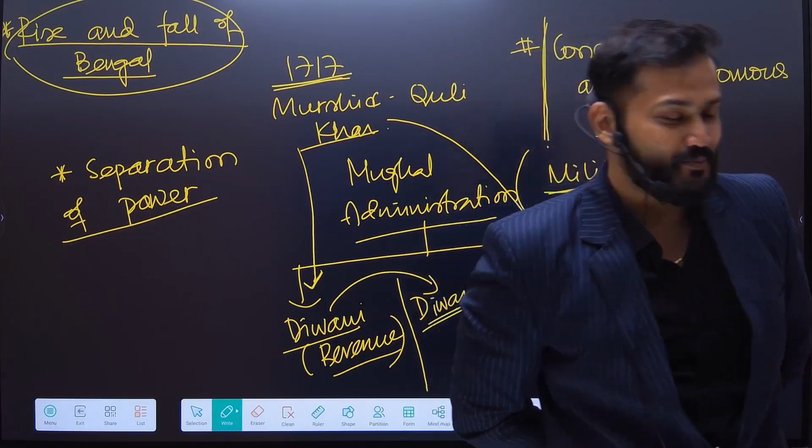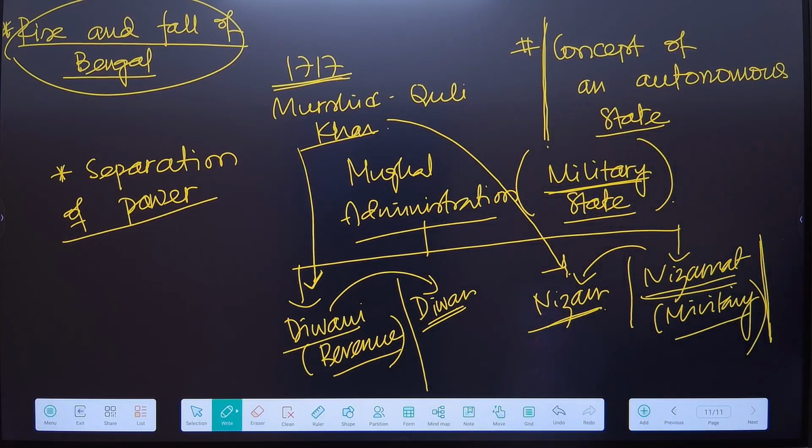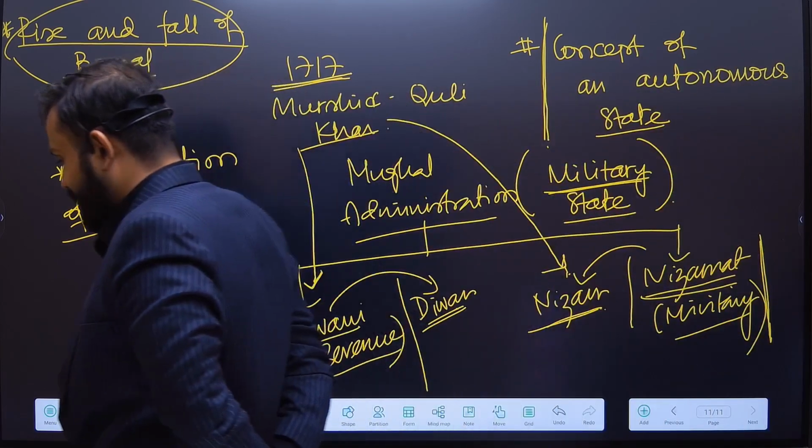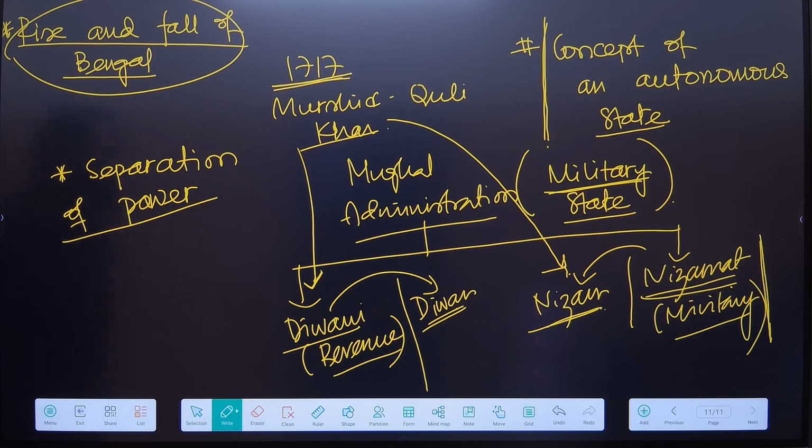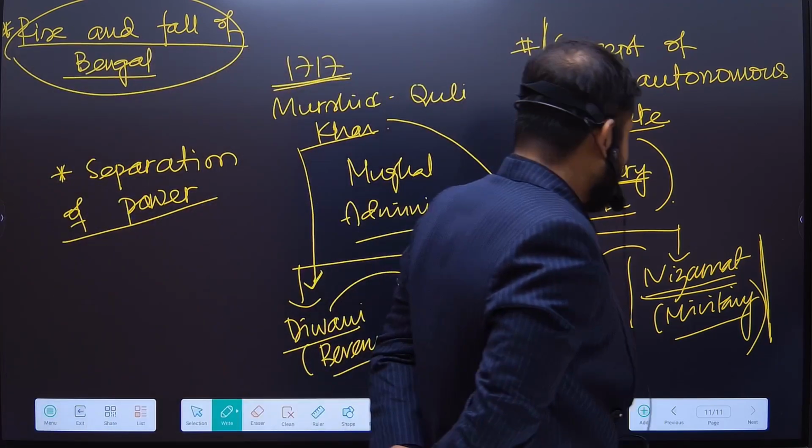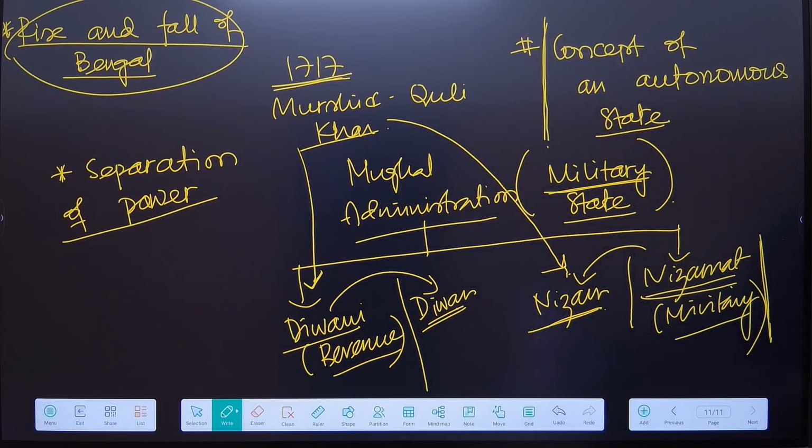Bengal became, first point, the first autonomous state.